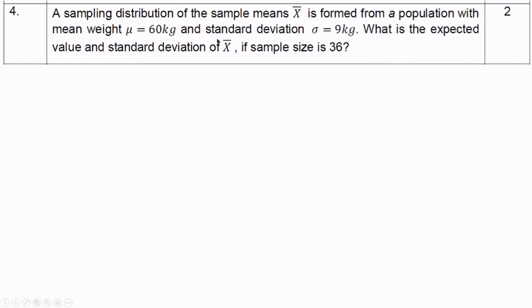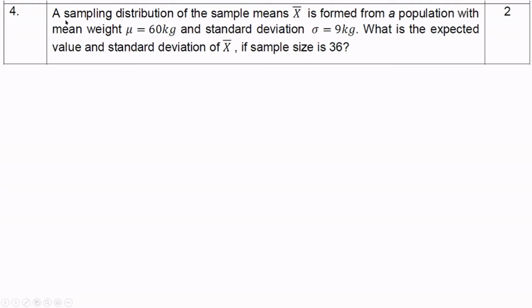A sampling distribution of the sample means X bar is formed from a population with mean weight mu equal to 60 kg and standard deviation sigma equal to 9 kg. What is the expected value and standard deviation of X bar if the sample size is 36?